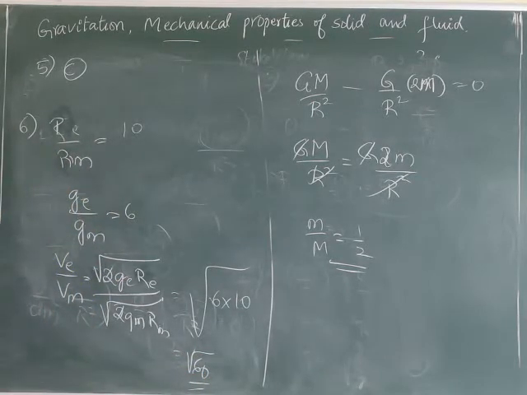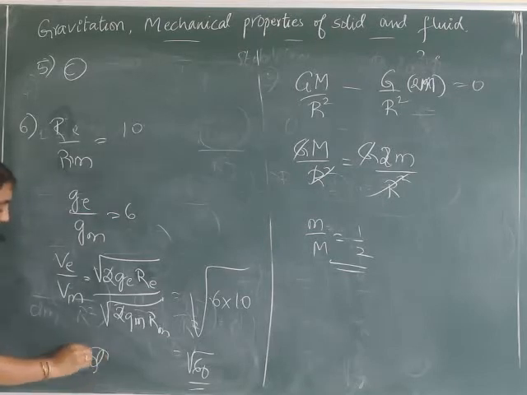V_E by V_M ratio is square root of 60. Option D.